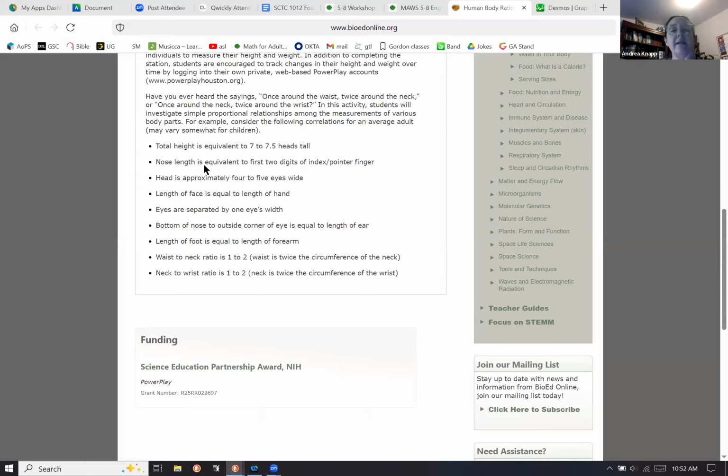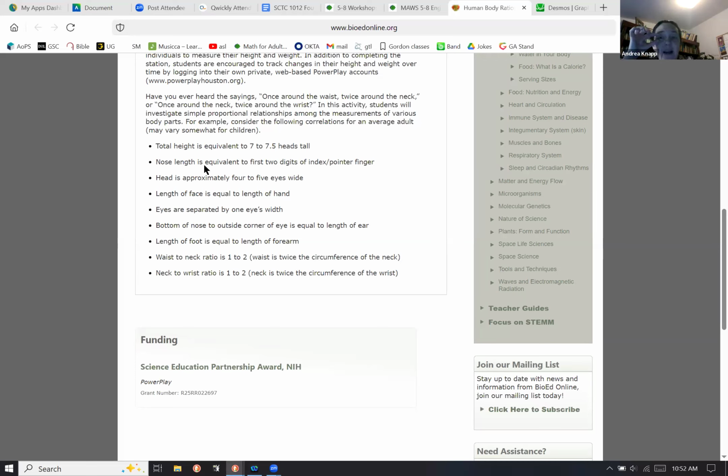The nose length of an average adult is equivalent to the first 2 digits of your pointer finger. So if you take the first 2 digits there, that's about the height of a person's nose. Okay, your head is approximately 4 to 5 eyes wide.